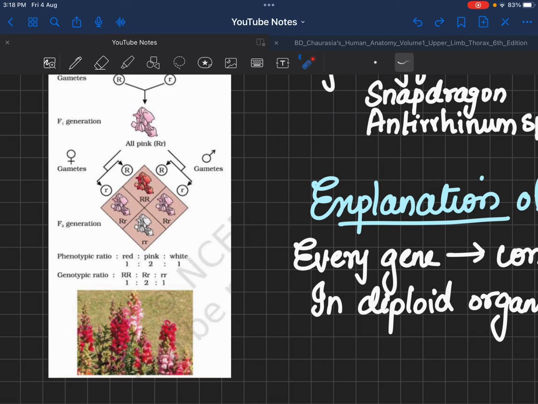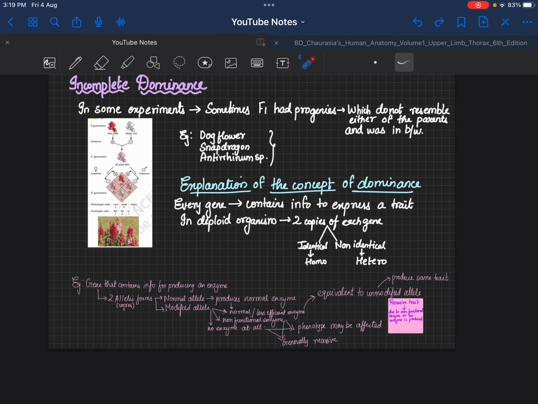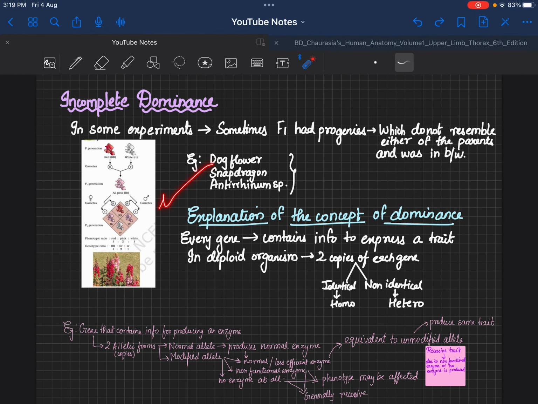So what we do, we self the Rr, big R and small r. When we self it, we will find one red, one white and two pink, that is 1:2:1. This is the ratio for phenotype as well as genotype. So this ratio is important because they might ask in a question which case gives both phenotypic and genotypic ratio the same. We should give the answer as incomplete dominance. That is the example for dog flower.